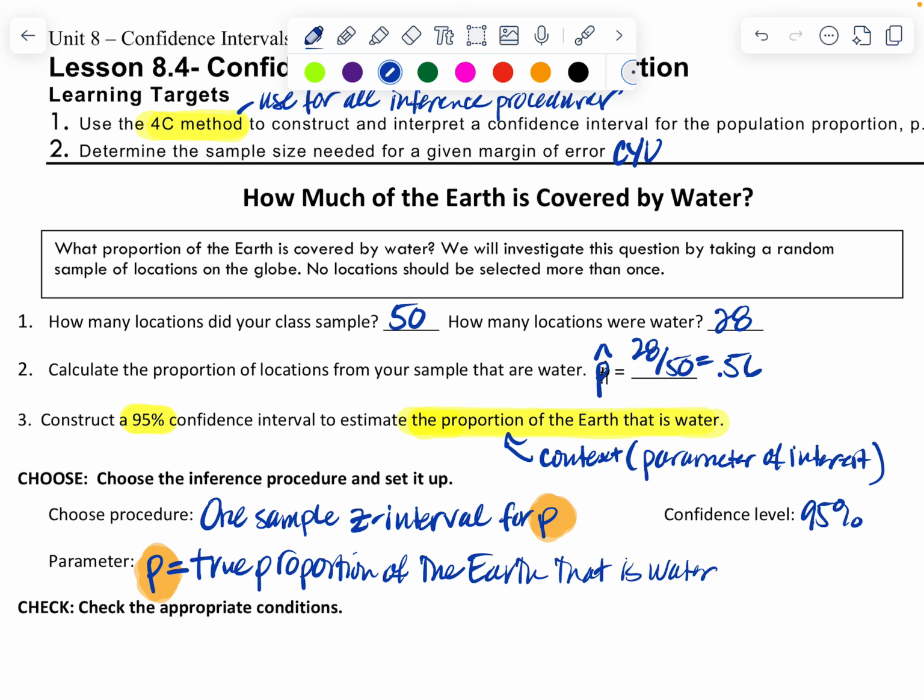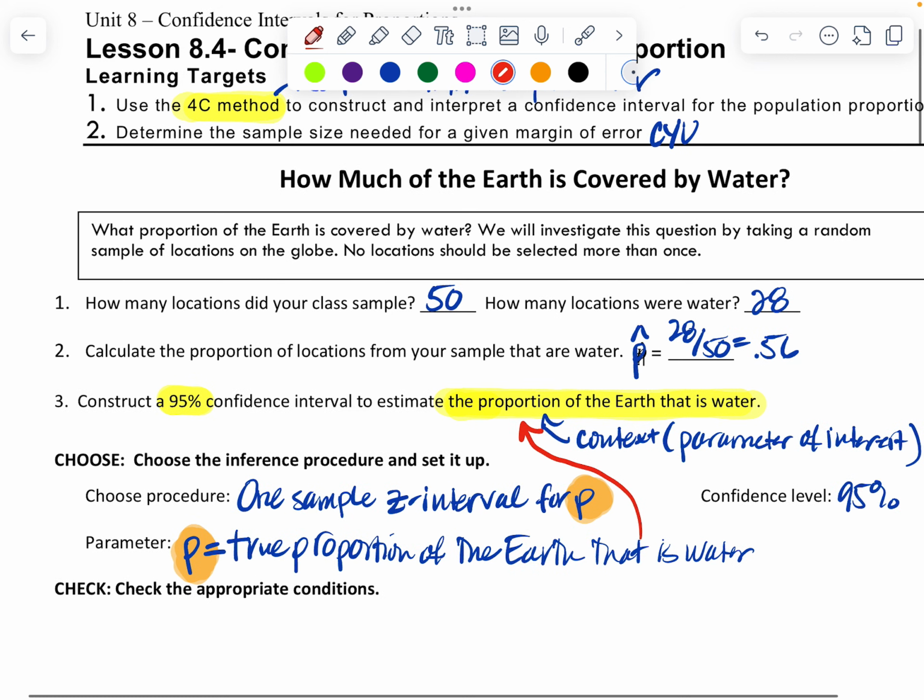And that comes directly from our context. All right, so that's the first C. The first C is that you're going to choose the inference procedure and set it up.